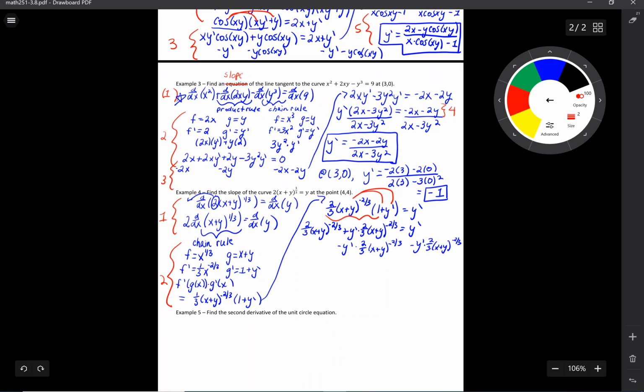That is step 3. This leaves me with 2/3 times (x plus y) to the negative 2/3 equals y prime minus y prime times 2/3 (x plus y) to the negative 2/3.